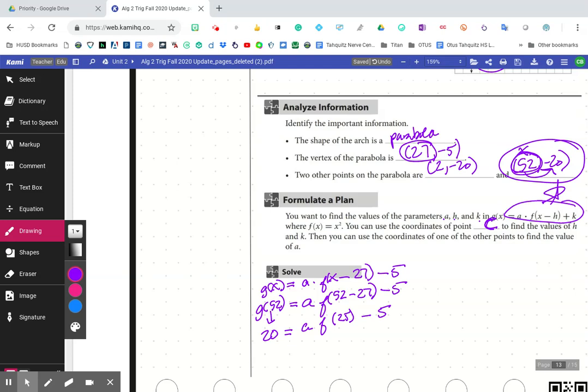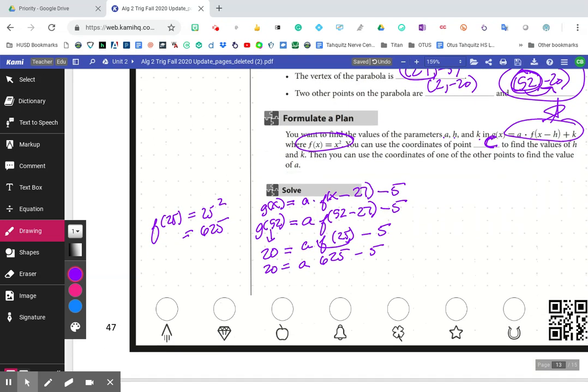I know that the function I am plugging into is x squared. So I'm going to do some work over here. So I know that I have to do f of 25 equals 25 squared, which happens to be 625. So that's what I'm going to substitute in for this. So I've got 20 equals a times 625 minus 5, which looks a little bit weird.